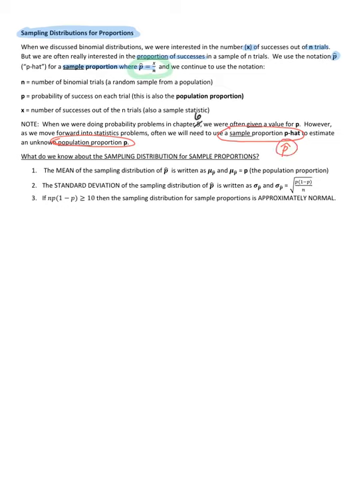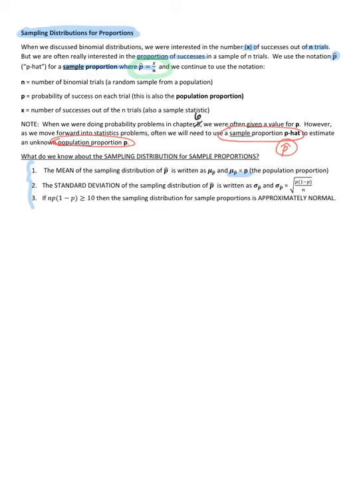What do we know about the sampling distribution for sample proportions? There are 3 things I want you to know, and you need to write these on your note card. The mean of the sampling distribution of p hat is mu sub p hat, which is p, the population proportion.